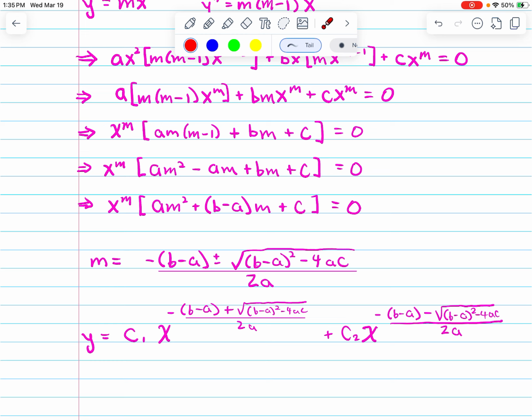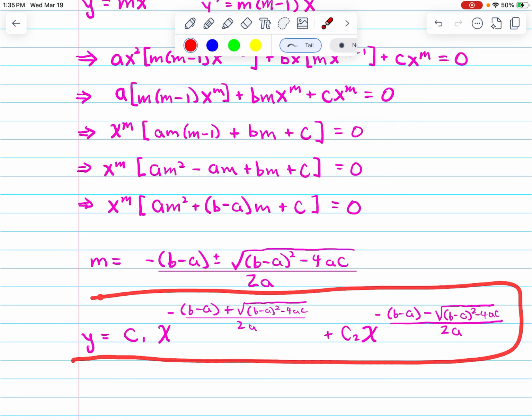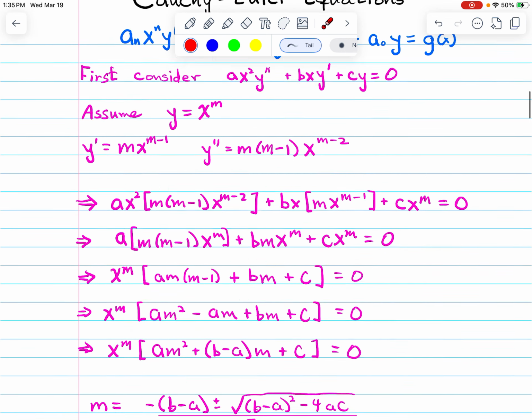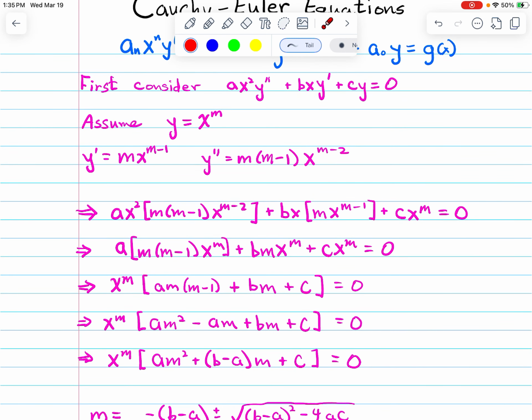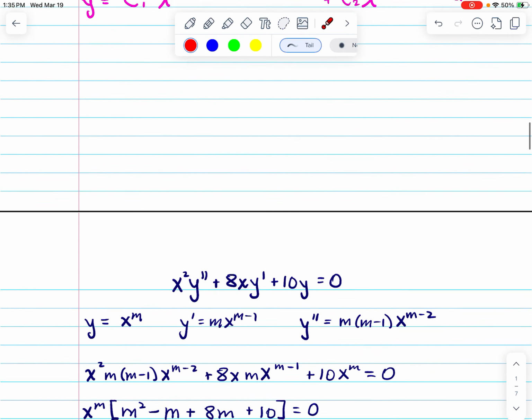And of course we get two answers, and here is our solution for that particular homogeneous equation. So that's the overview.